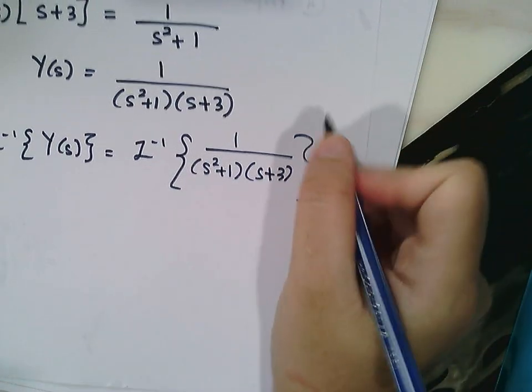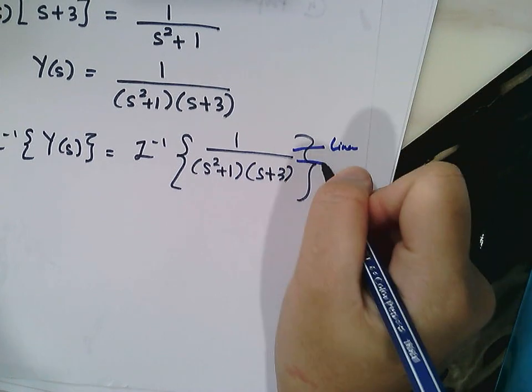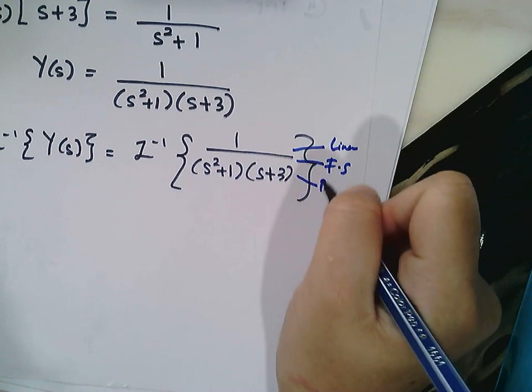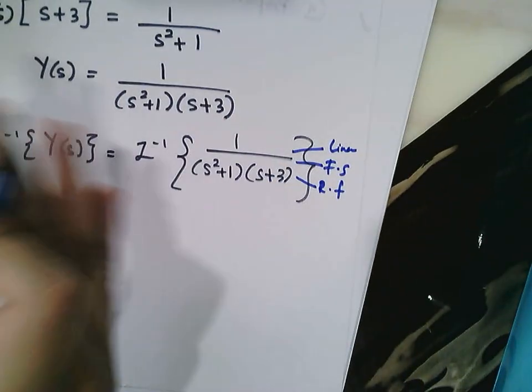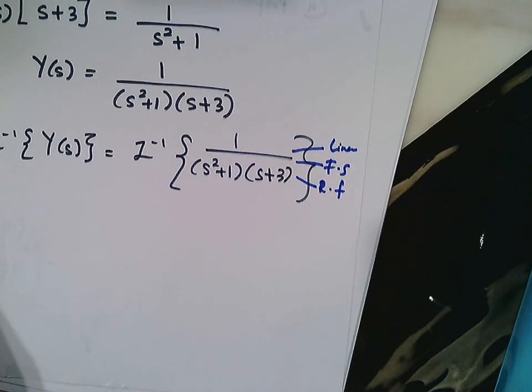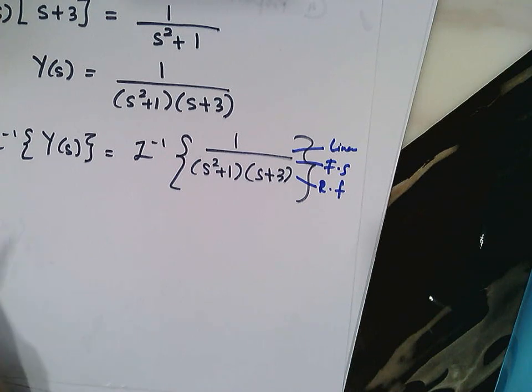You need to identify whether you want to use linearity, or first shift, or also rational function. So this is where you apply the knowledge that you had learned before. You need to identify on your own which property is suitable for you to use.